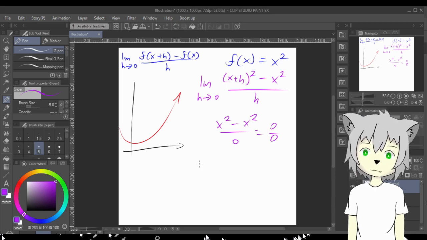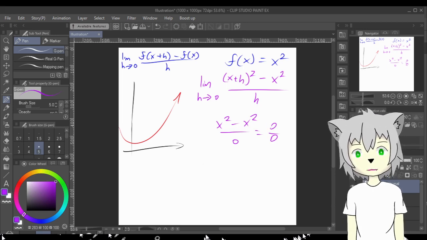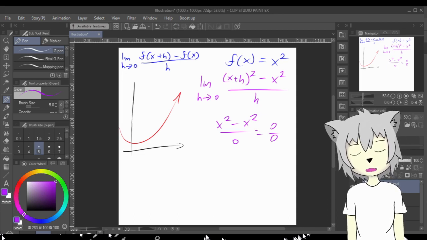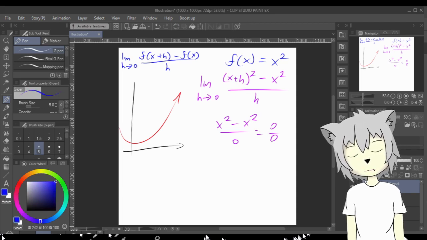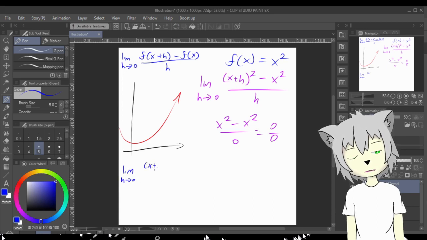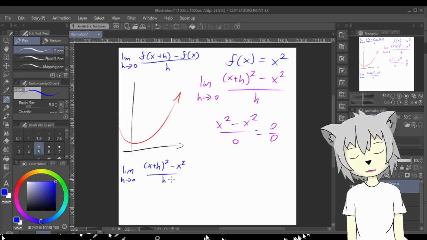So there is something that you probably would have noticed. Instead of just plugging h right in, maybe we make it a bit more complicated and expand it. The limit as h approaches 0 of (x plus h) squared minus x squared over h.